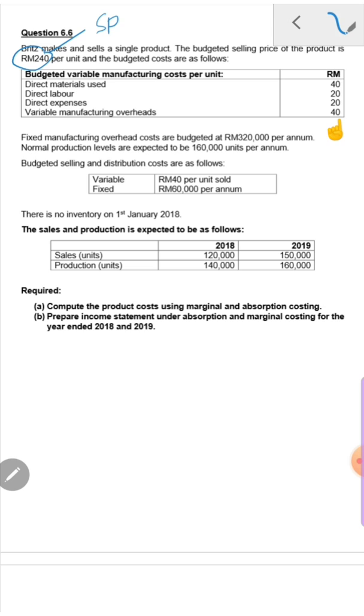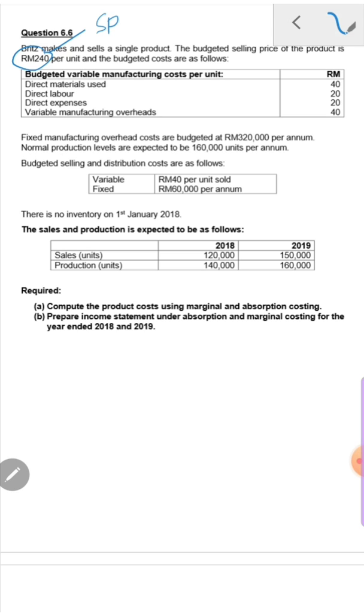And then we have direct material, direct labor, direct expenses, variable manufacturing overhead. So these will be integrated inside the product cost. Next, fixed manufacturing overhead cost, FMOC.